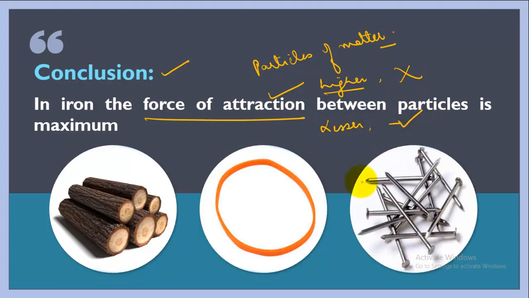For example, in this case, in iron, the force of attraction is maximum because the particles are so closely packed that there is a strong force of attraction and we cannot break them easily. So the force of attraction indicates which substance can be easily broken or which substance cannot be easily broken.